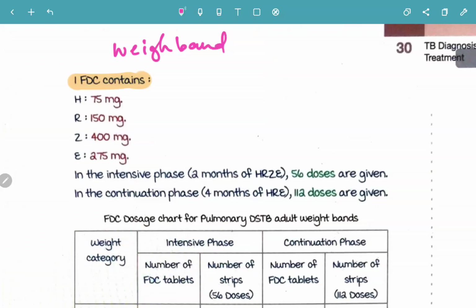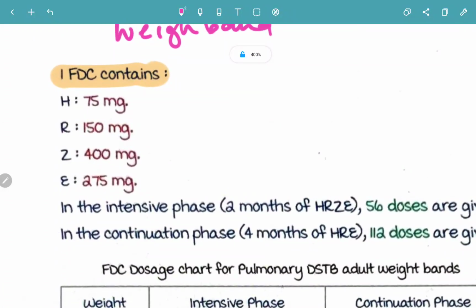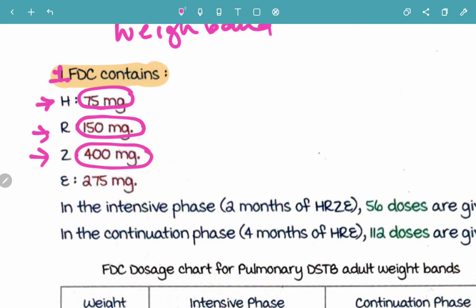One fixed dose combination contains isoniazid 75 mg, rifampicin 150 mg, pyrazinamide 400 mg, ethambutol 275 mg. Very, very important.